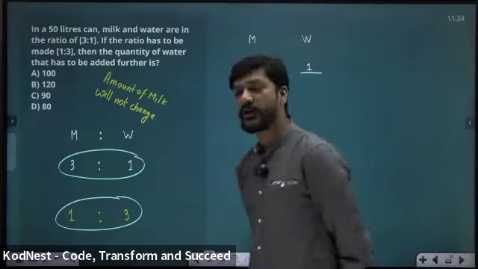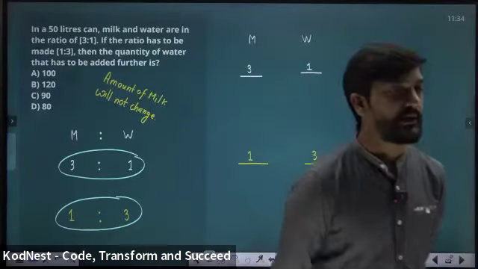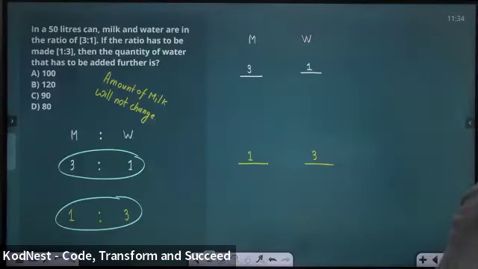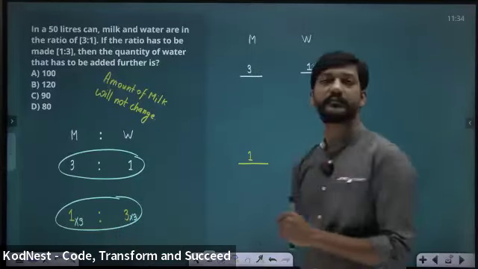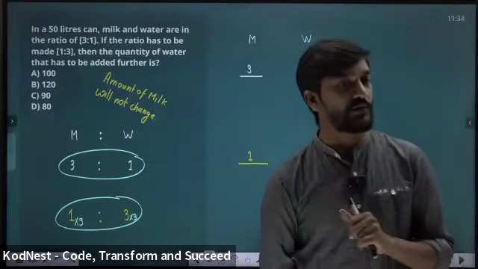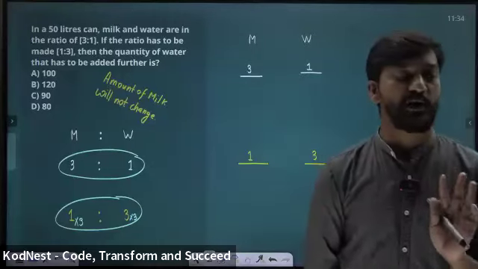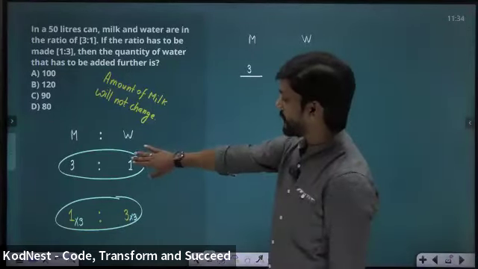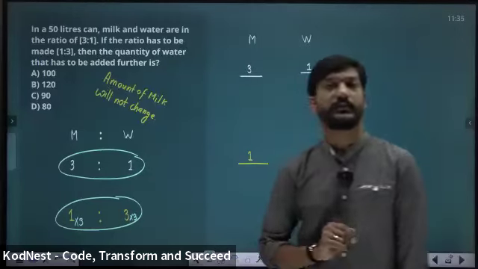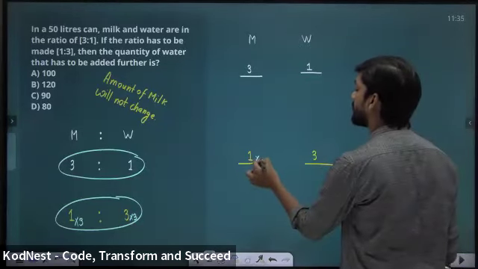Multiply by 3 in the second ratio. Any change required here? Do I need to multiply in the first one also? Never say multiply by 1. So no change required here.